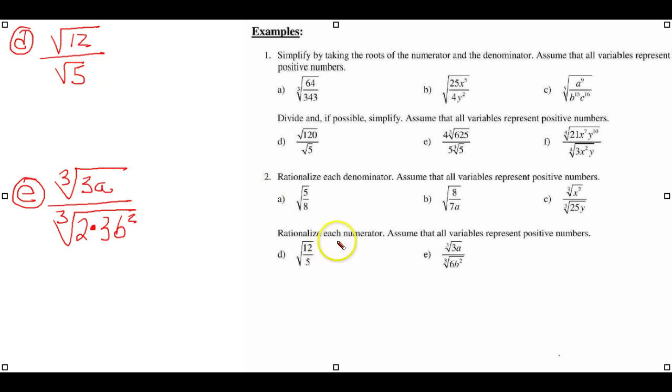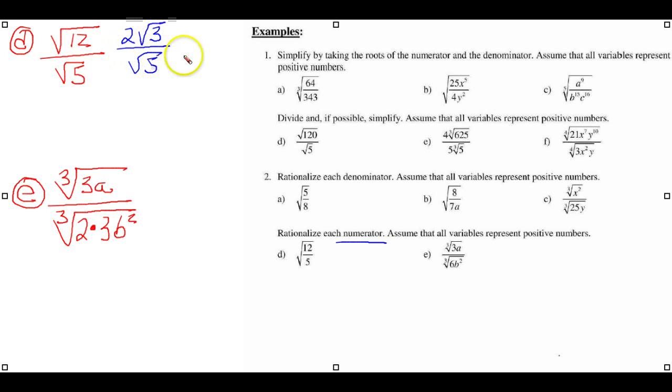But here they're asking us to do the numerator. So let's look at what 12 is. What is 12? 12 is 4 times 3. Square root of 4 is 2, the square root of 3, over the square root of 5.